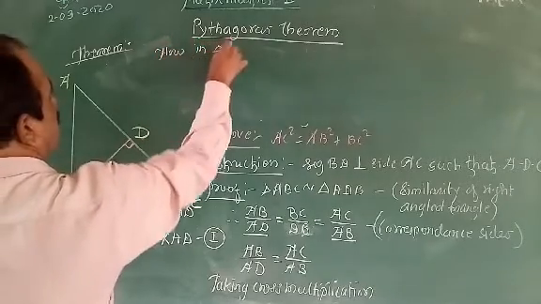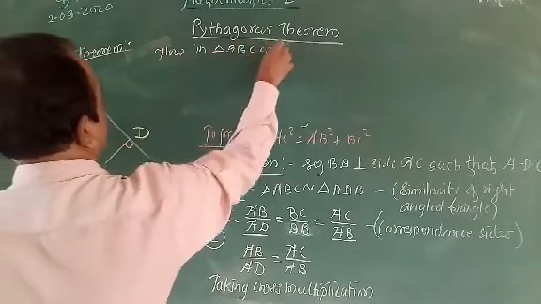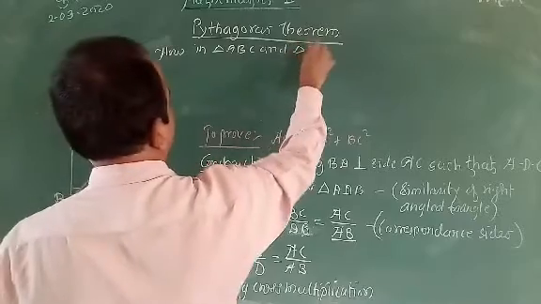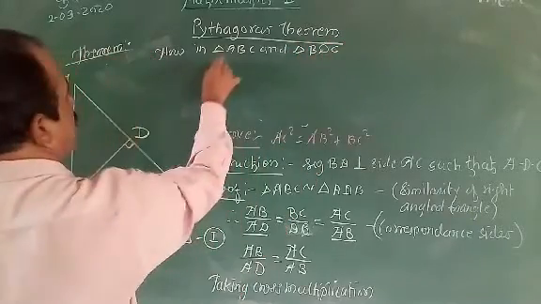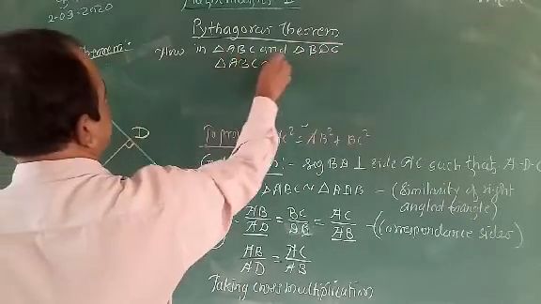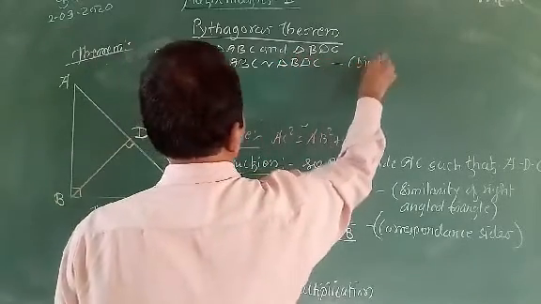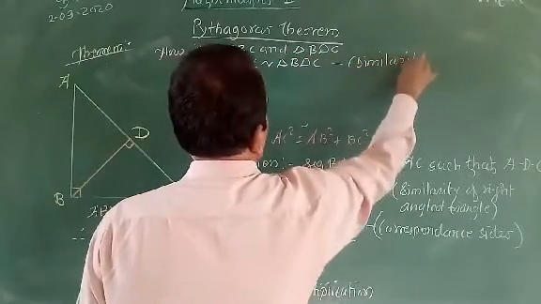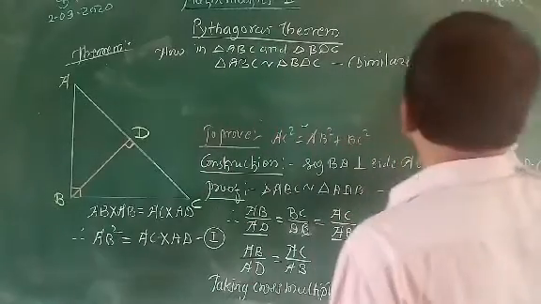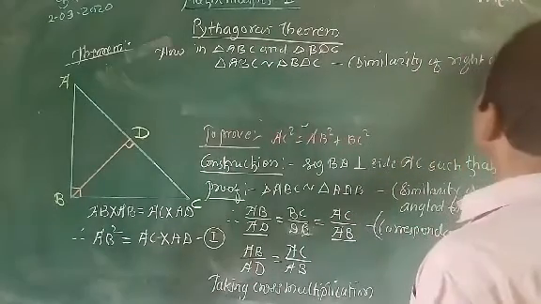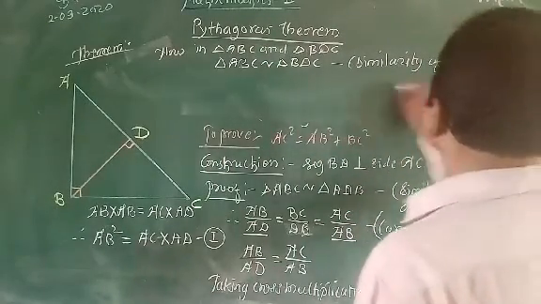In triangle ABC and triangle BDC, triangle ABC is similar to triangle BDC, by similarity of right angle triangles.